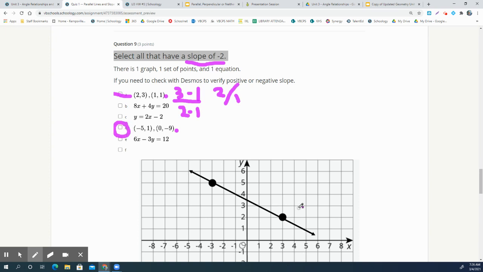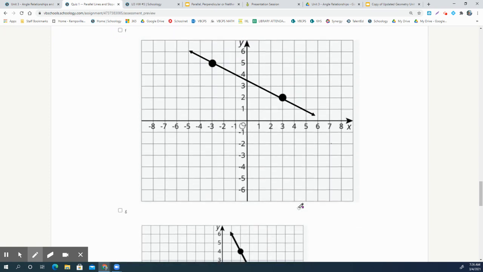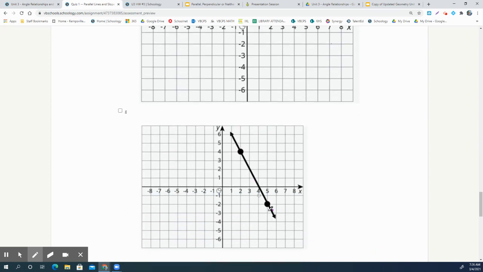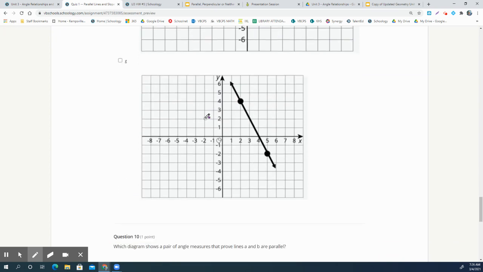And then we've also done from graphs, and I've got two graphs right here. They're both negative slope. If I look at them from left to right, they're both going down. Here I can go 1, 2, 3, 1, 2, 3, 4, 5, 6. So this slope is going to be 3 over 6, and that was negative because it's going down, so that's -1/2.